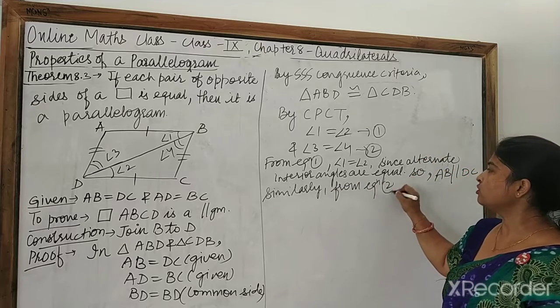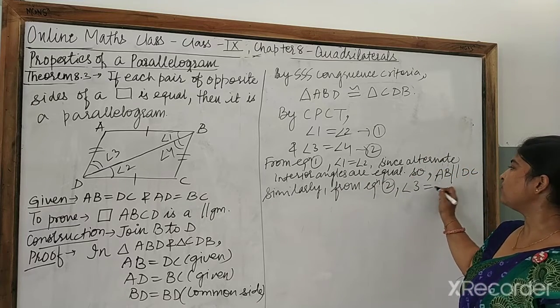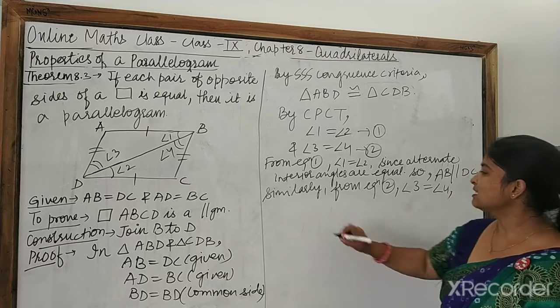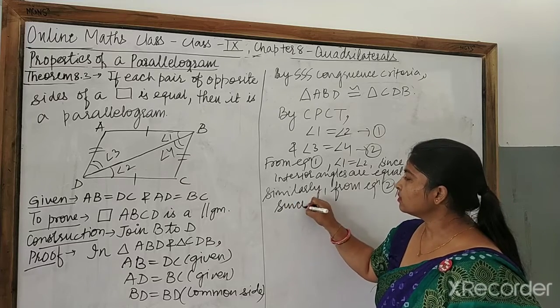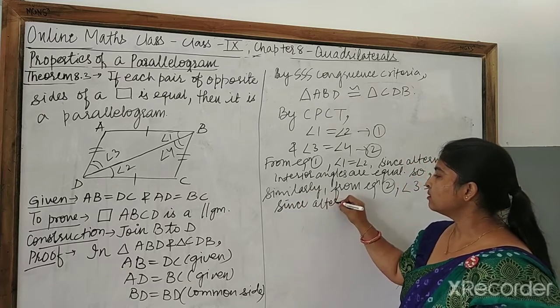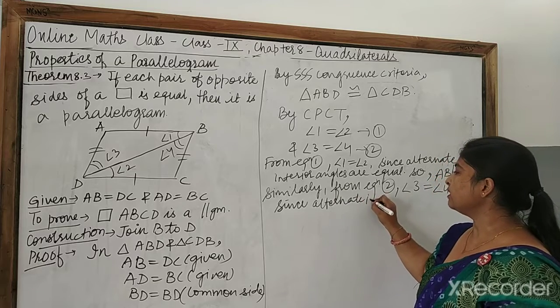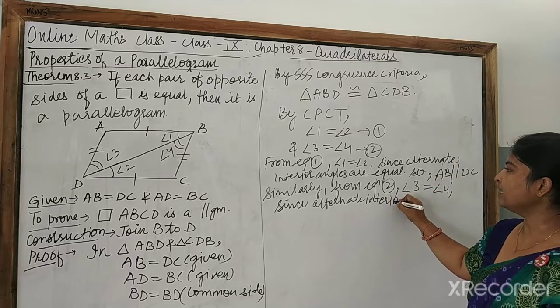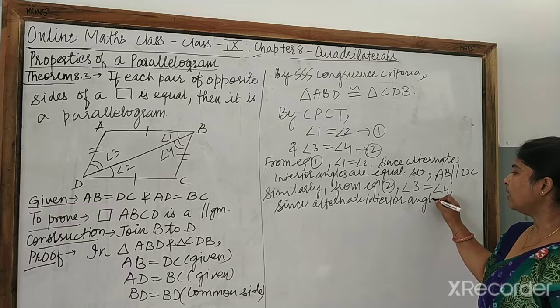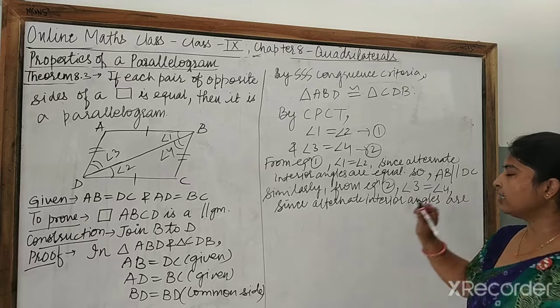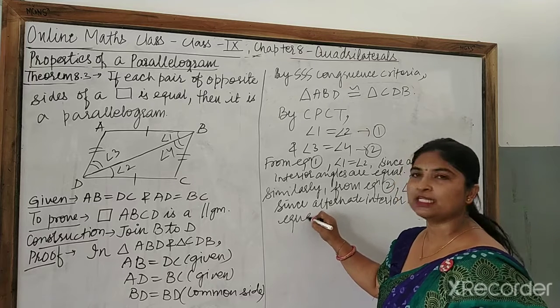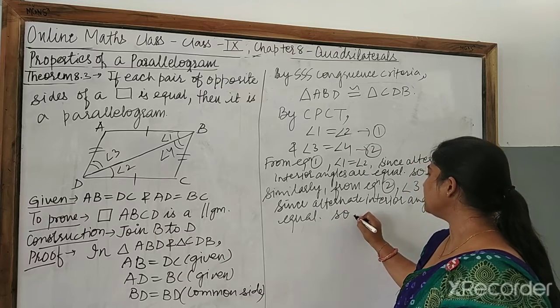From equation 2, angle 3 is equal to angle 4. That is, since alternate interior angles are equal, if alternate interior angles are equal, then the sides will be parallel.